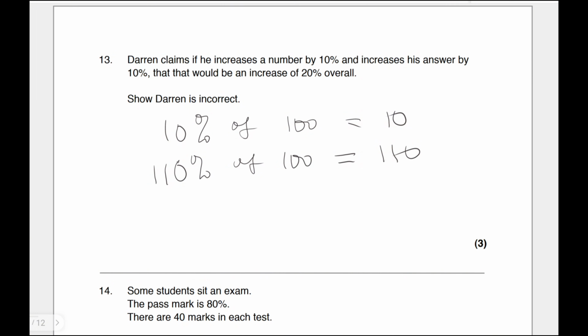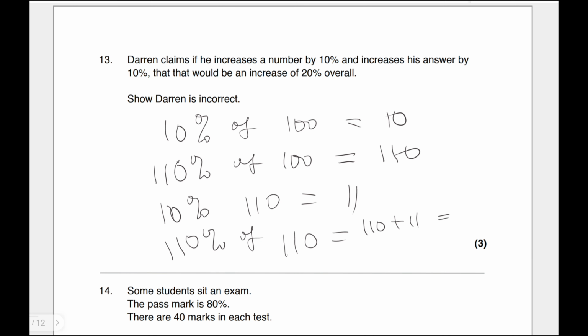So if I increase that by 10% again, that means 10% of 110 is going to be 11. So 110% of 110 is going to be 110 plus 11, which is equals to 121.